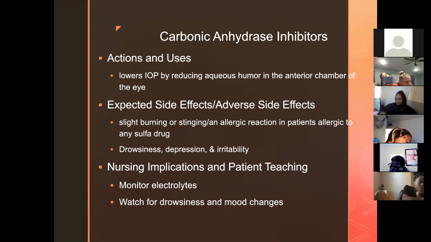Which medication should we be careful about using with any other eye medications?